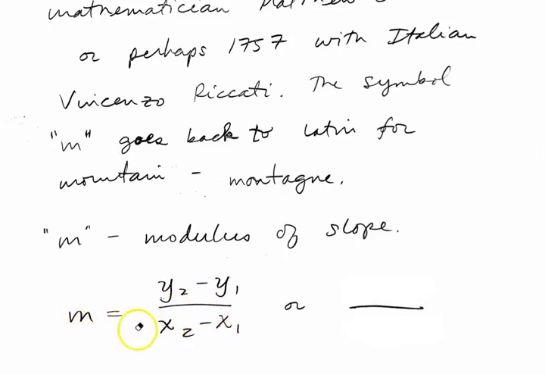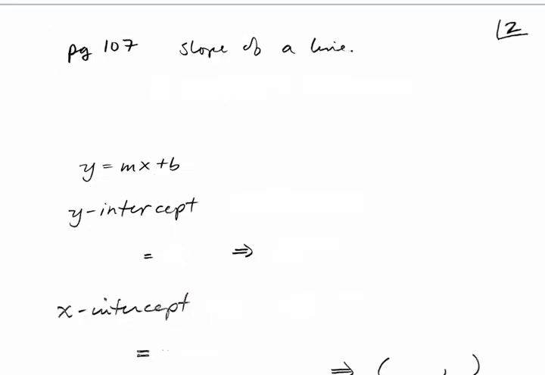So the slope is also described as the rise over the run. So the rise is in the y direction, the run is in the x direction. And as often we see in here, it doesn't matter what order you do this in, as long as it's consistent. So you could also do it y1 minus y2 divided by x1 minus x2, and you would get the same answer. So the order wouldn't matter as long as it was consistent, top and bottom.